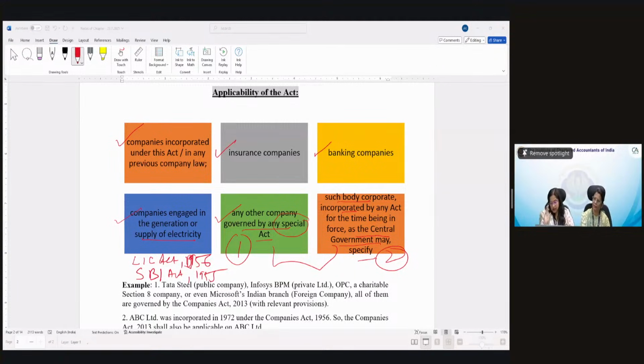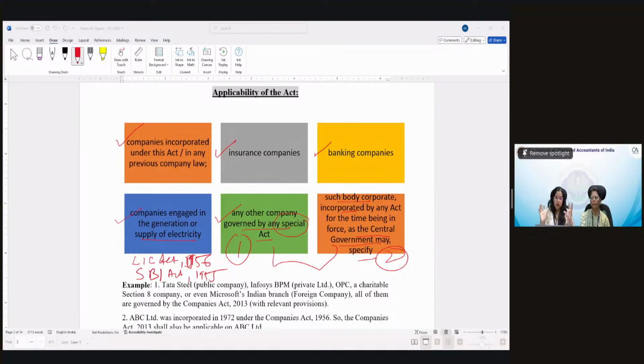So this definition has to be read with one more line, which says this provision, not a definition, except in so far as the said provisions are inconsistent with the provisions of the Insurance Act, Banking Regulation Act, and Electricity Act.